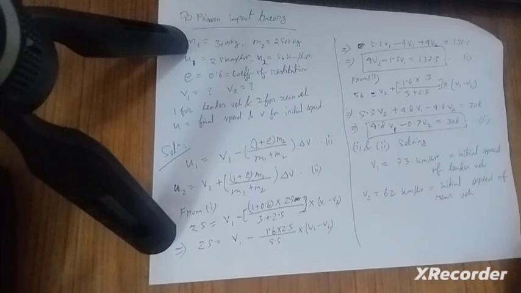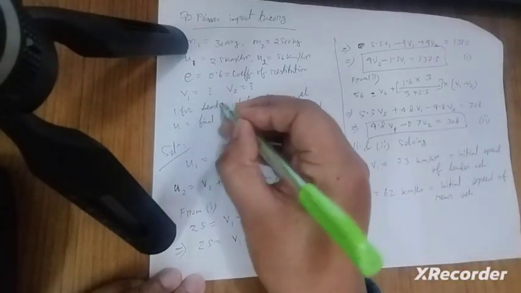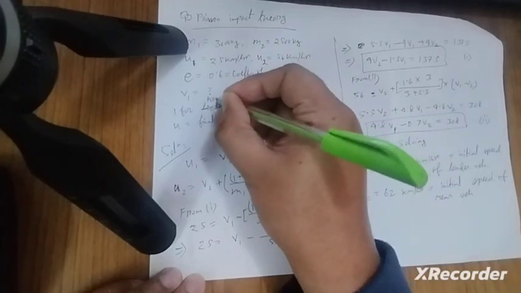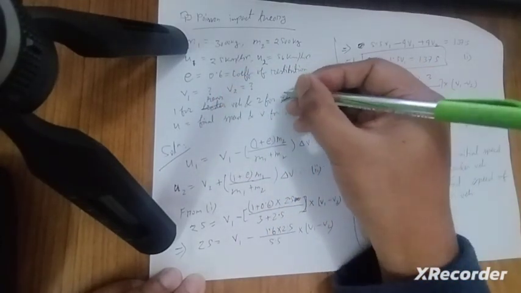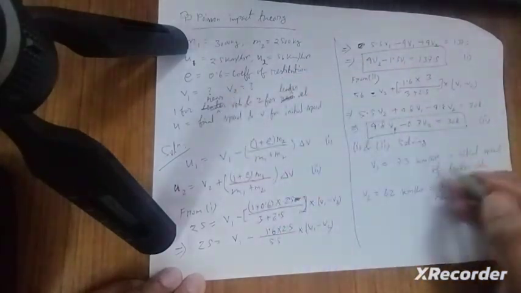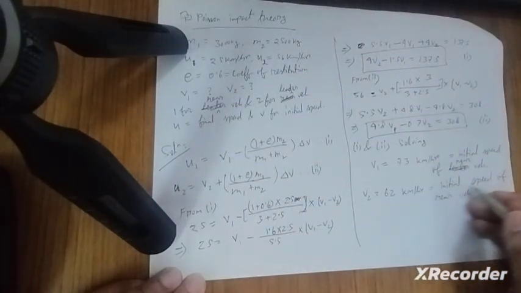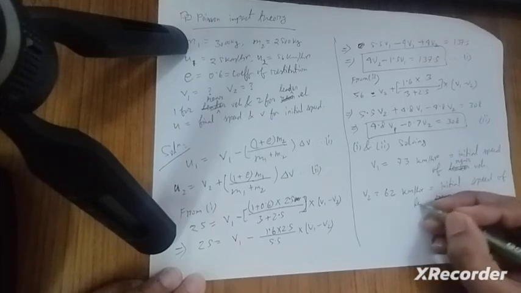Actually there is a confusion created over here in writing, because 1 should not be the leader vehicle. 1 should be the rear vehicle and 2 should be the leader vehicle. So in that case, v1 will be the initial speed of the rear vehicle and v2 will be the initial speed of the leader vehicle.